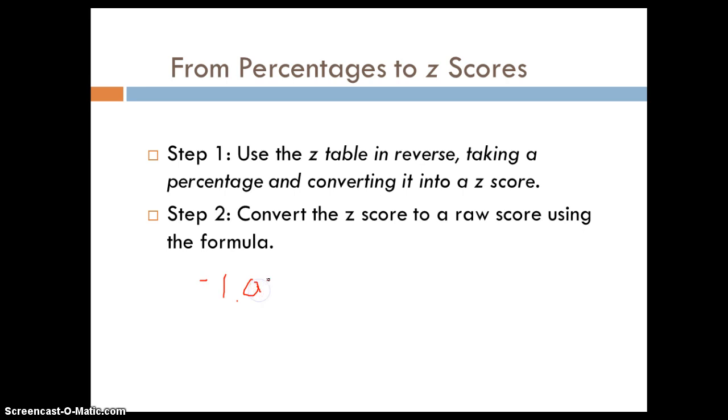This doesn't work as well when I'm not using the touch screen, but that's okay. Okay, 1.04. Then what I need to do is, let's say that our standard deviation is 10 and our mean is 50. Yeah, not so good when I'm trying to write with my finger. There we go. So this is our standard deviation. Oops. Yeah, that's 50.